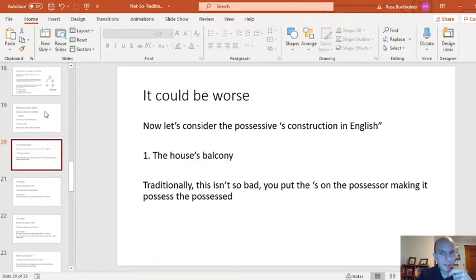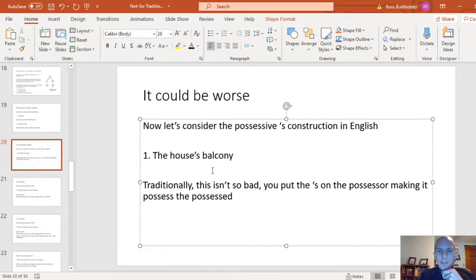Let's consider the possessive S construction in English. So you have a sentence like this: the house's balcony. This is actually not such a bad phrase for traditional grammar, right?